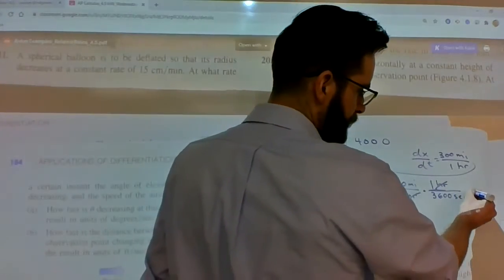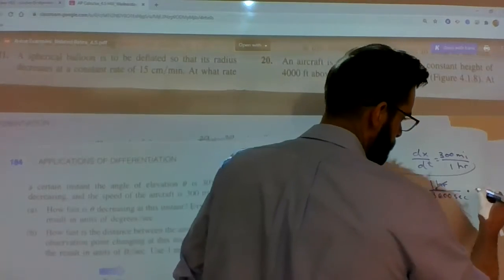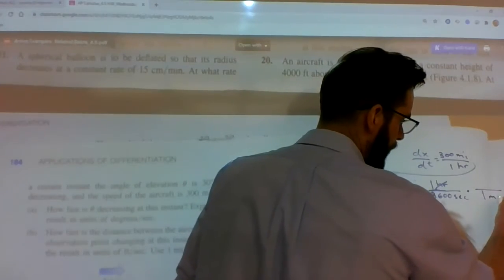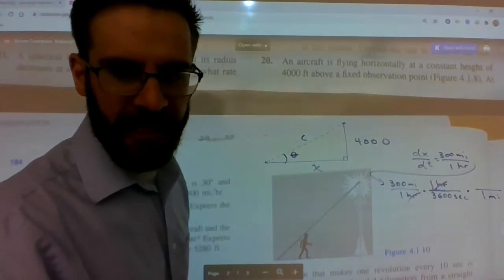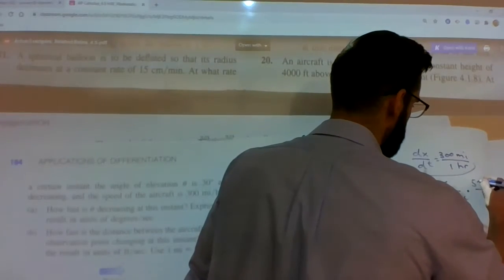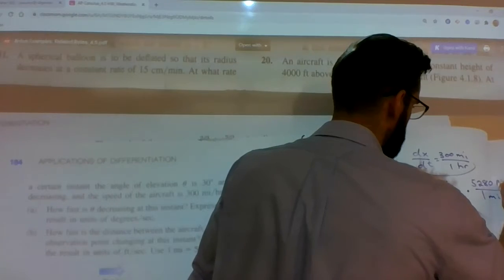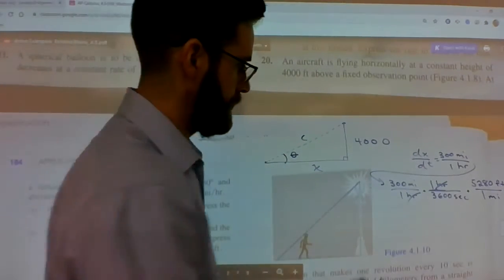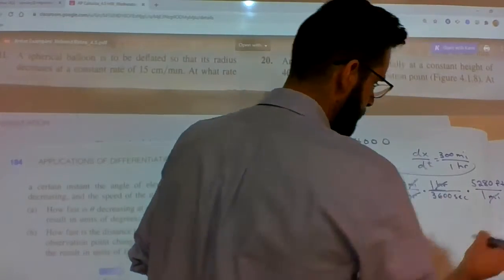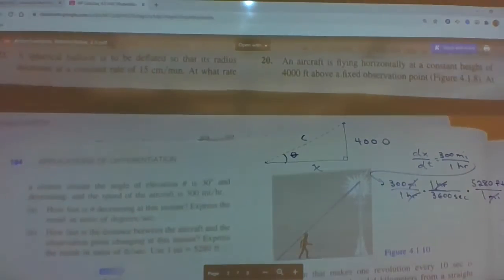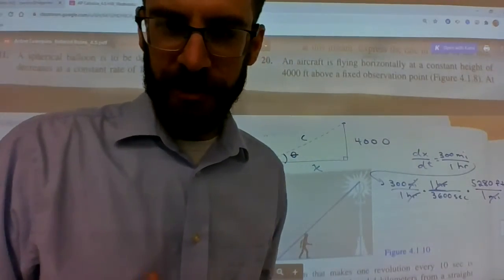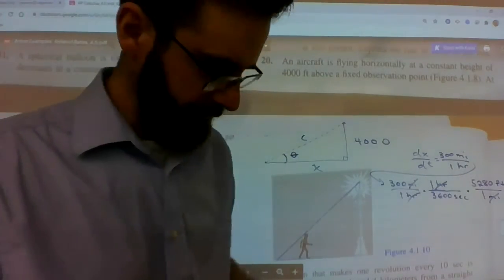I want feet per second. So I'm going to multiply that by, we need to put the miles on the bottom. So for 1 mile, we've got 5,280 feet. So now my miles units cancel. And now we've got our speed in terms of feet per second, which is going to make the calculations accurate.